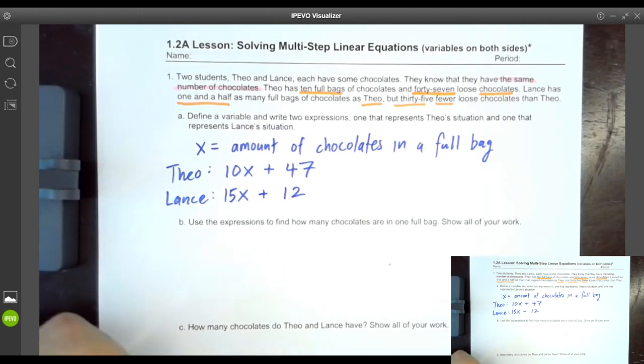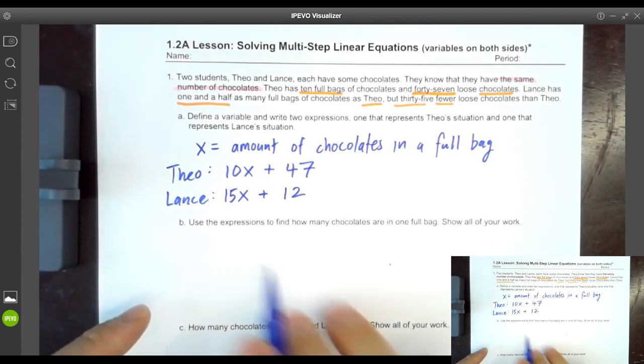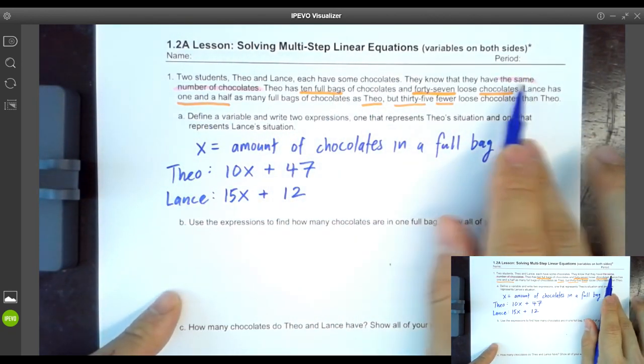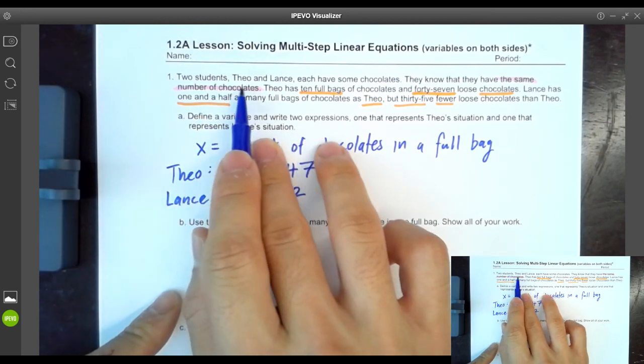That's 35 fewer. Use the expressions to find how many chocolates are in a full bag. How are we supposed to calculate how many chocolates are in a full bag? What is the one piece of information that we still haven't used yet? Oh, they have the same number of chocolates.